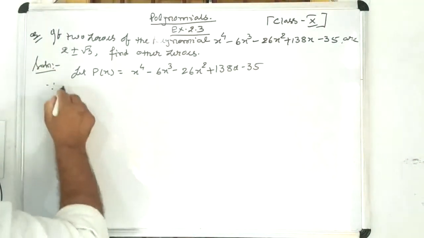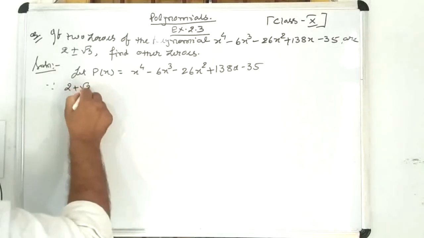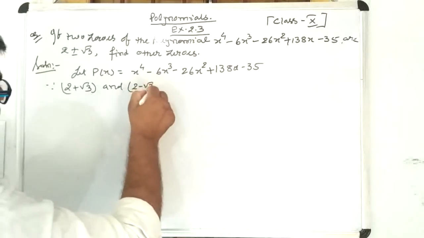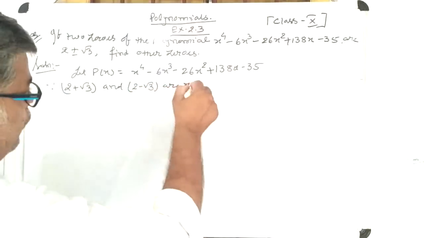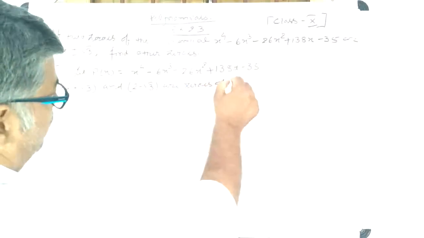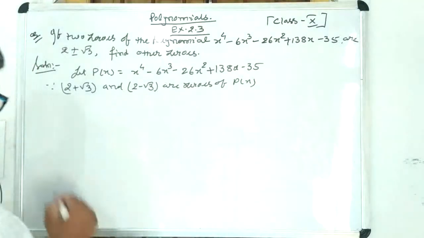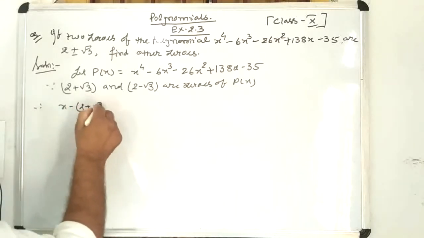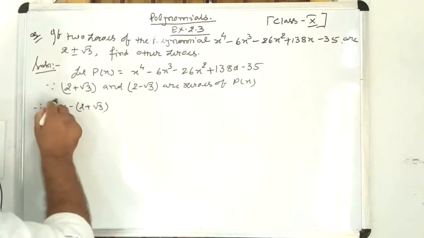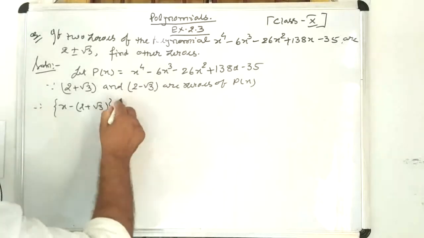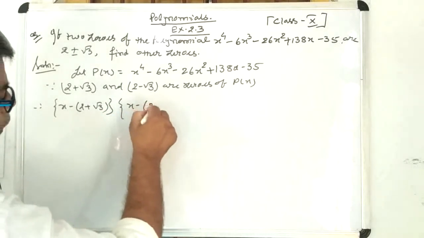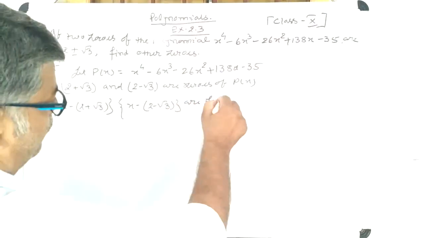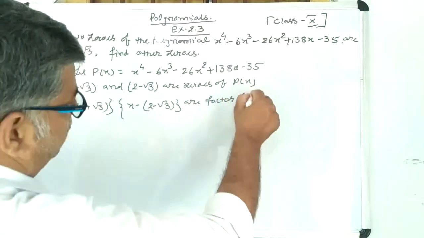Since 2 plus root 3 and 2 minus root 3 are zeros of polynomial P(x), therefore x minus (2 plus root 3) and x minus (2 minus root 3) are factors of P(x).